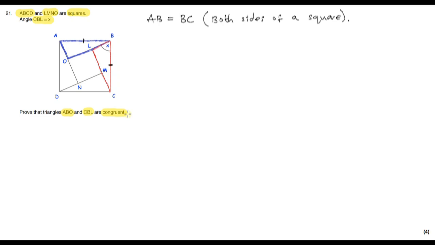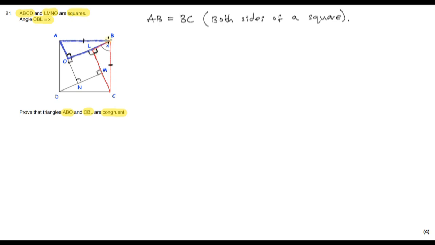Now we need to use this square in the middle as well. Because this is a square, we know that there are right angles in a square. So this angle over here is going to be 90 degrees, and this angle is also going to be 90 degrees.